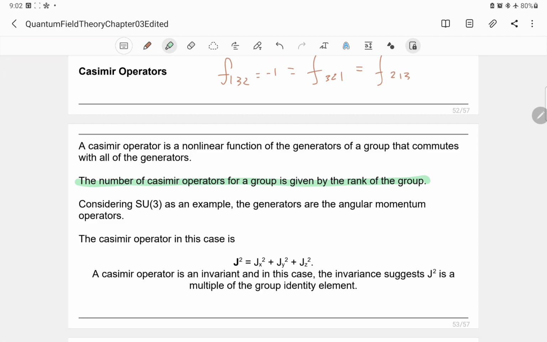So for SU2, the generators are the angular momentum operators, and in this case you will have this. A Casimir operator is an invariant, and in this case the invariant suggests that J squared is a multiple of the group identity element.